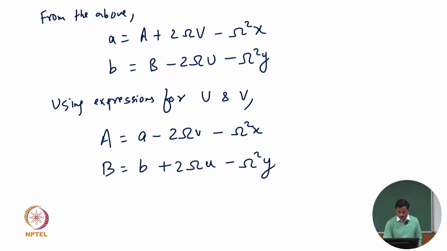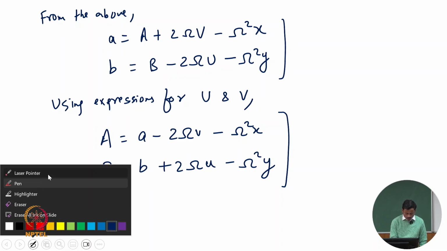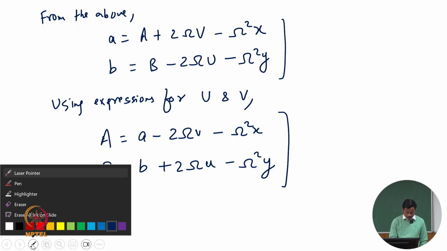So these are the relationships between capital A and small a in terms of both the capital velocities, I mean the absolute velocities and the relative velocities. Here now the reason why we are doing all of these is that we now see these interesting contributions. What we see from these expressions is that the difference between the absolute and the relative acceleration consists of two contributions.